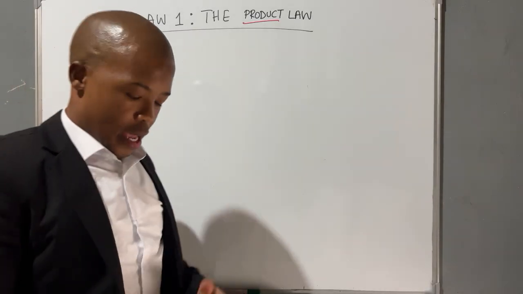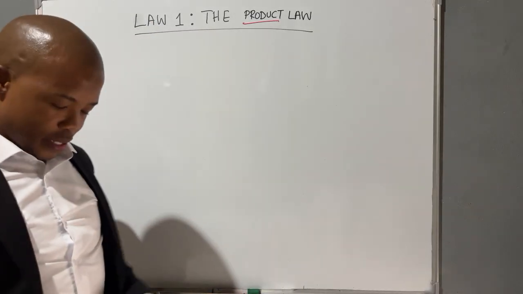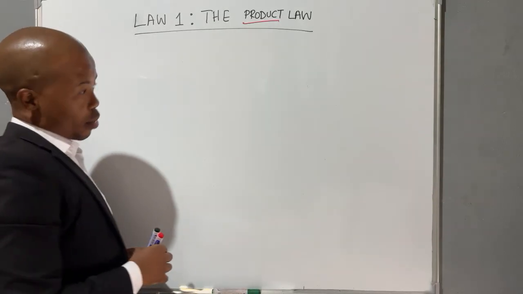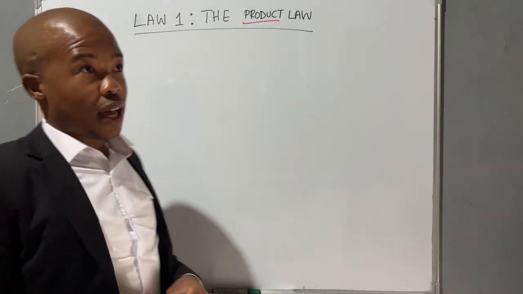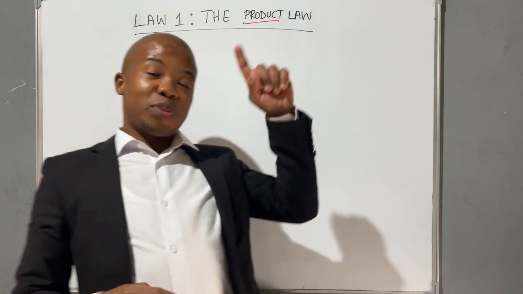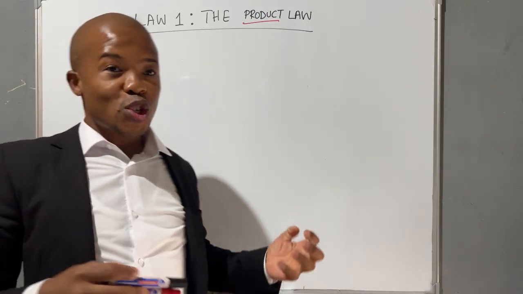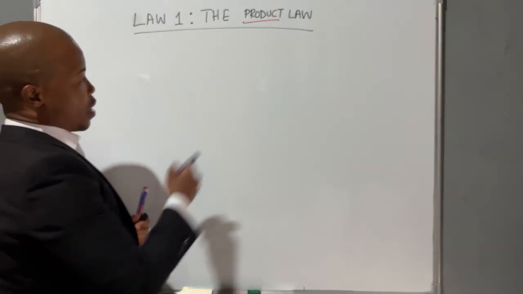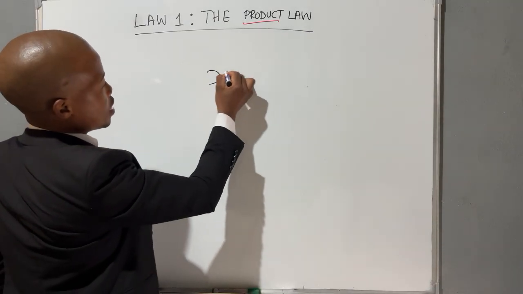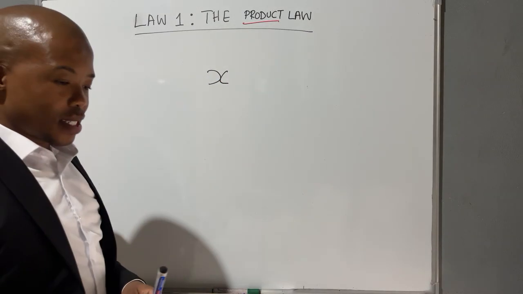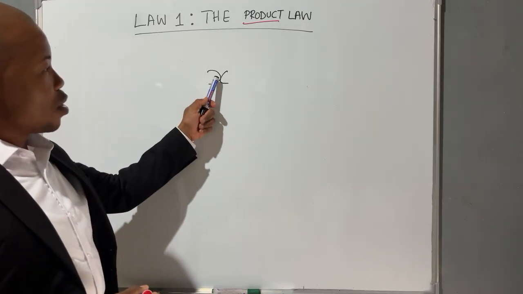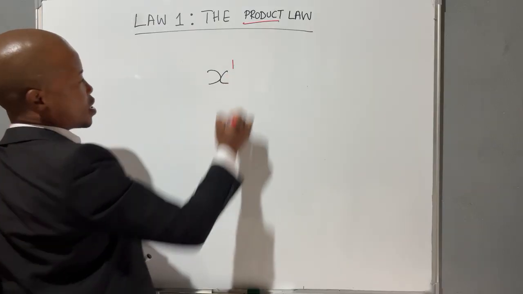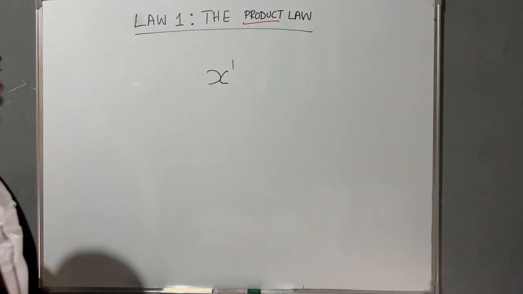Sometimes you can have something like this. Remember, a variable has an exponent and can also have a coefficient. If a variable is like this, x, and it doesn't have an exponent, you must know that the exponent is 1.